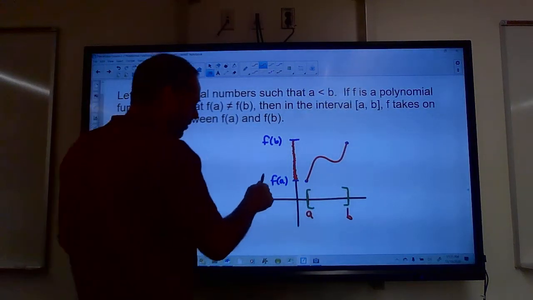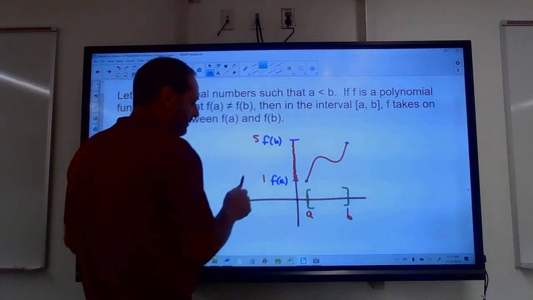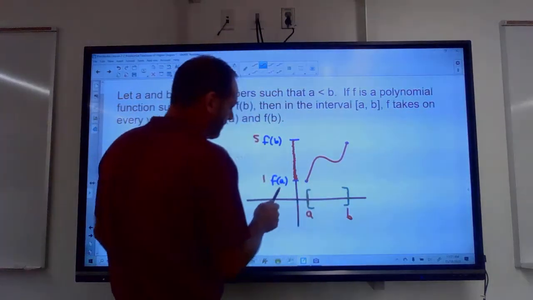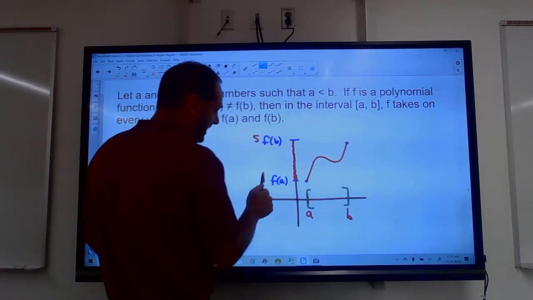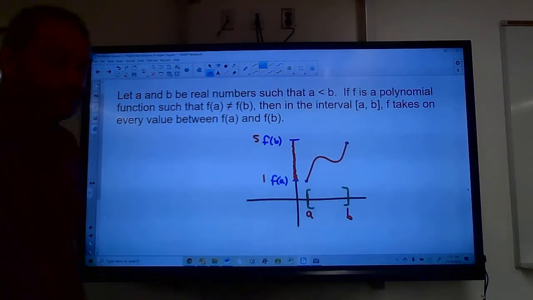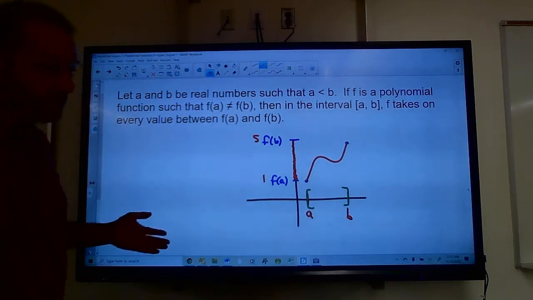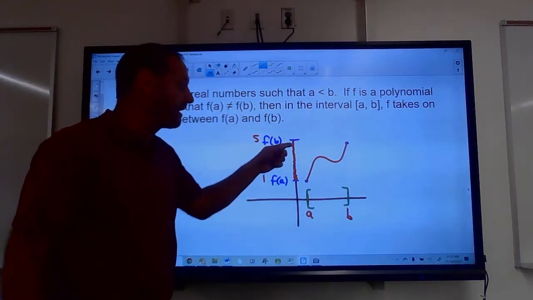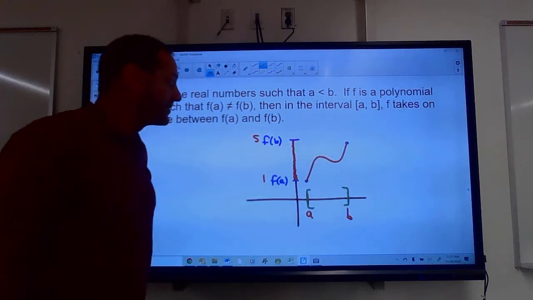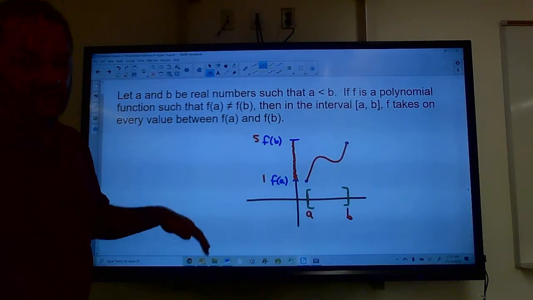So if this was like 1 and this was like 5, the function would take on every value between 1 and 5. If you said, is it going to be 4.732? Yep, it sure is. It's going to be right about there.